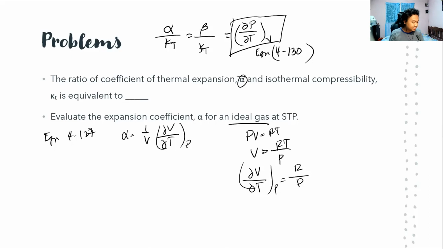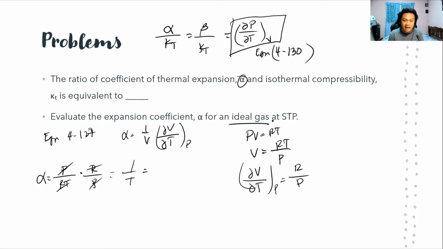Kay constant man ang P. So what we will do is to substitute, and we have 1 over V also here. So 1 over V, di ba? Imo ra ni siyang ibalihon. So we have P over RT. And then multiply that with what we got kay kini man. So P R over R P. We'll get 1 over T.